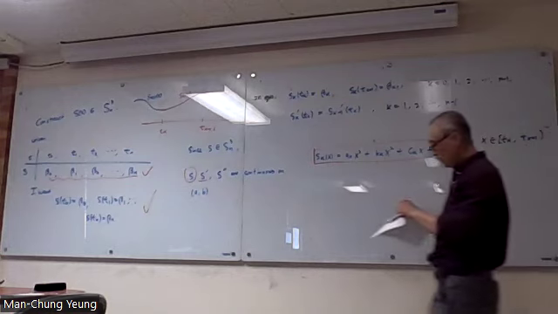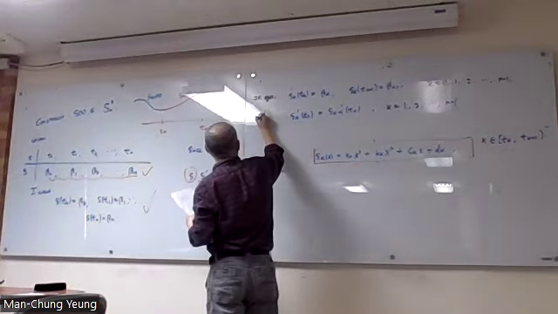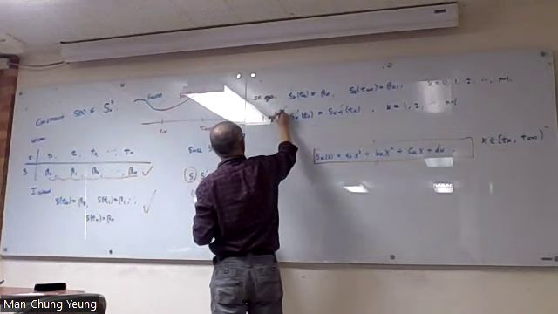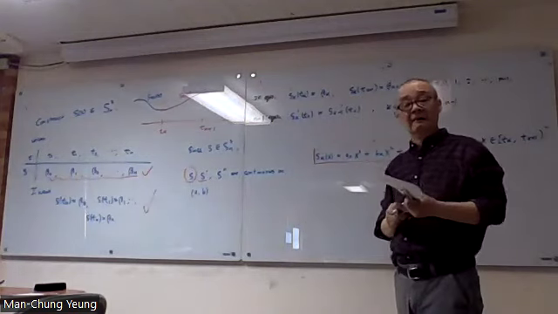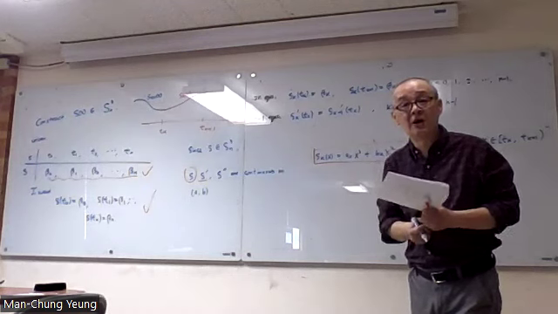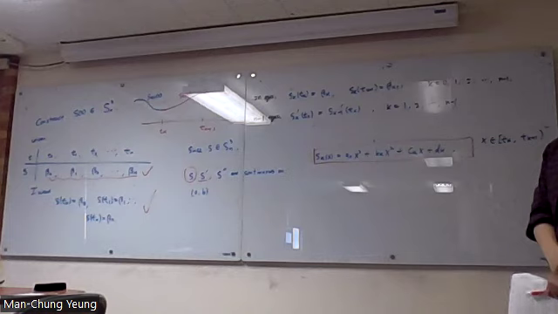So how many equations here? n minus 1 equations. We have 4n coefficients to determine. Now, 3n minus 1 equations we have.